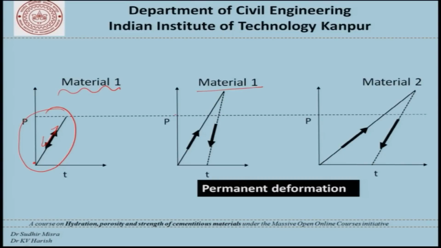In the same material, if the load has gone beyond this point, then of course we can expect this amount of permanent deformation. Similarly, in the case of material 2 or a different material, the amount of permanent deformation could be quite different depending on the material characteristics and so on.